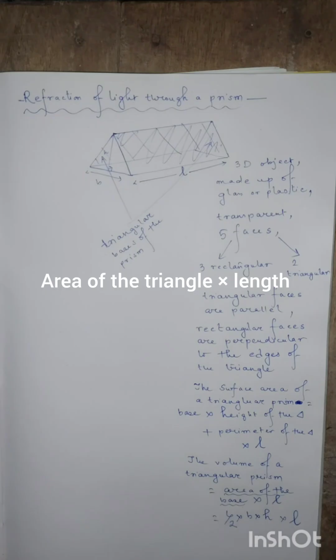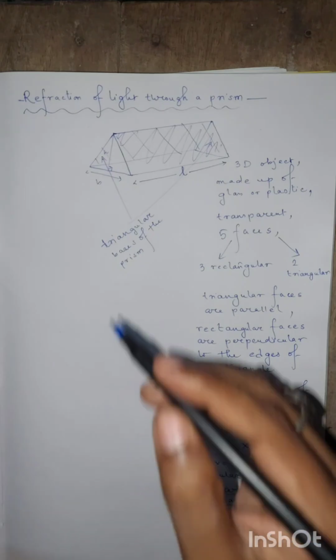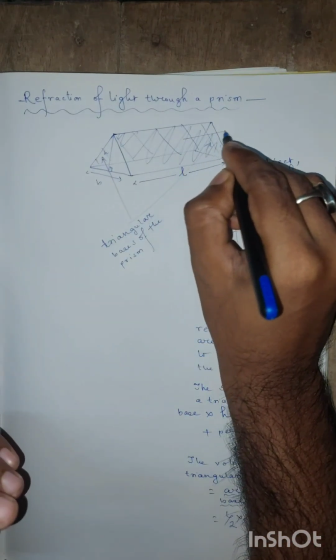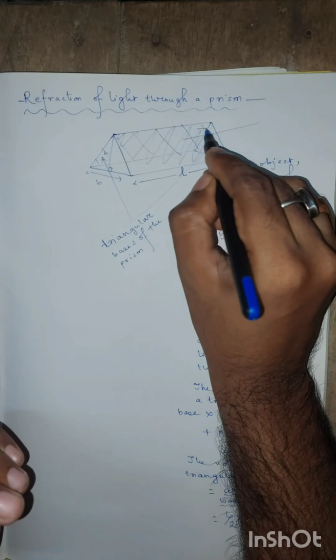These two slant surfaces, the front slant surface and the back slant surface, this is the first surface and this is the second surface.